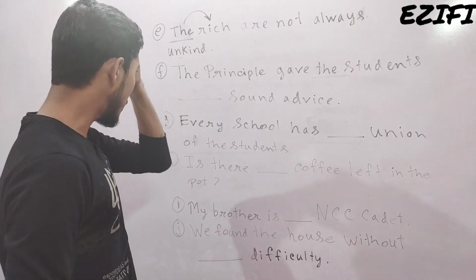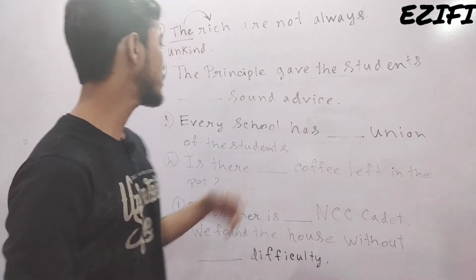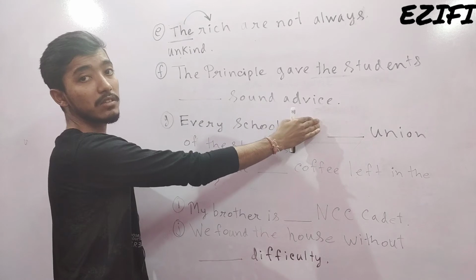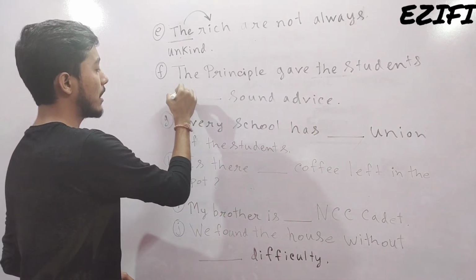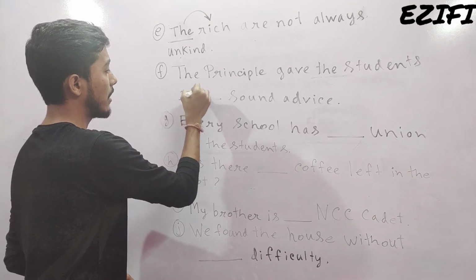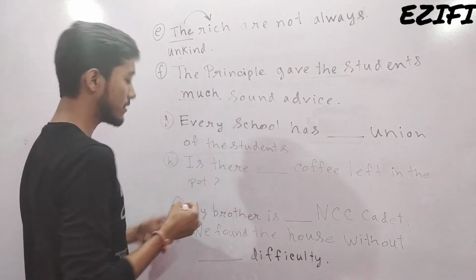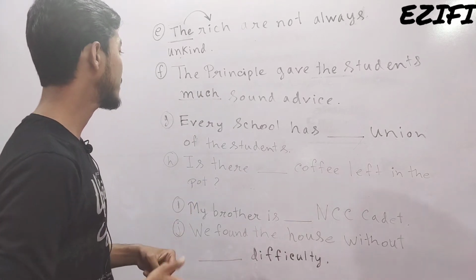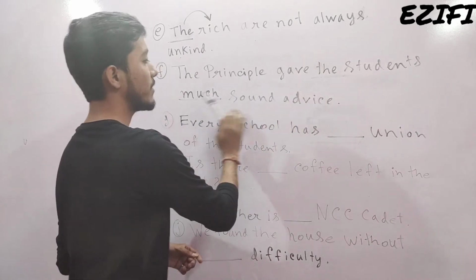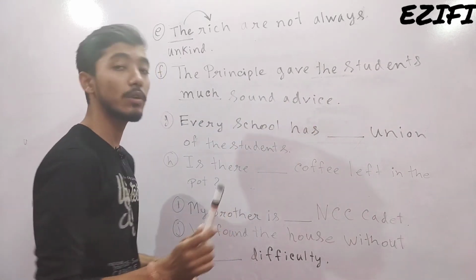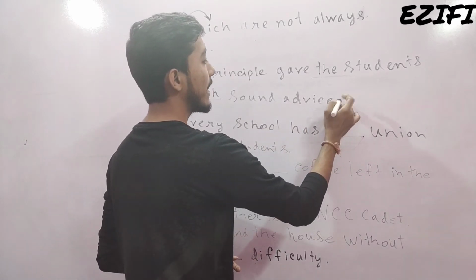Now, next question. The principal gave the students dash sound advice. The principal gave the students much sound advice. Now, many of you may say that the answer is many. The principal gave the students many sound advice. That will be wrong, because here it is advice and not advices.